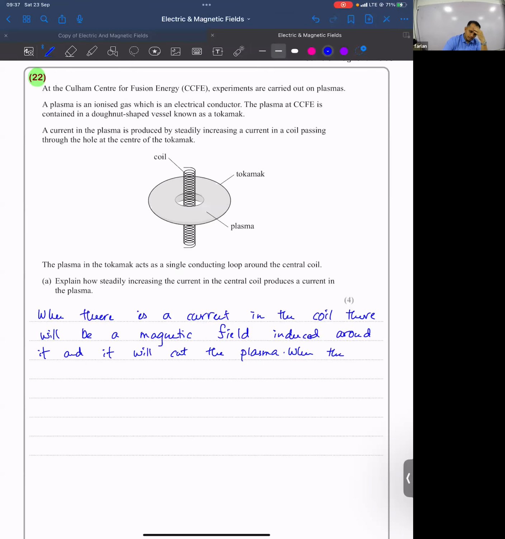When the current is increasing, the magnetic flux linkage through the plasma will increase.